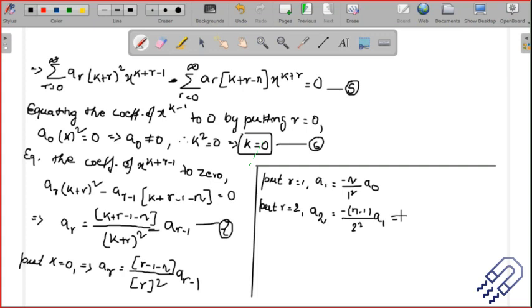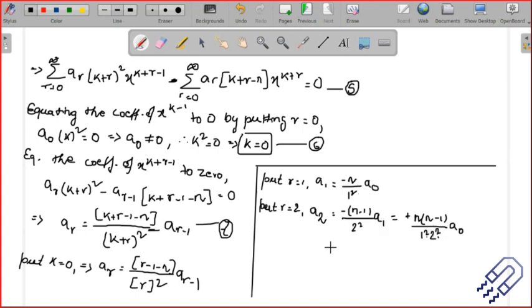So this is minus and minus, this will become plus. a1 I'm going to replace, so this would be n into n minus 1 divided by 1 square, 2 square into a0. We have replaced a1 by this.